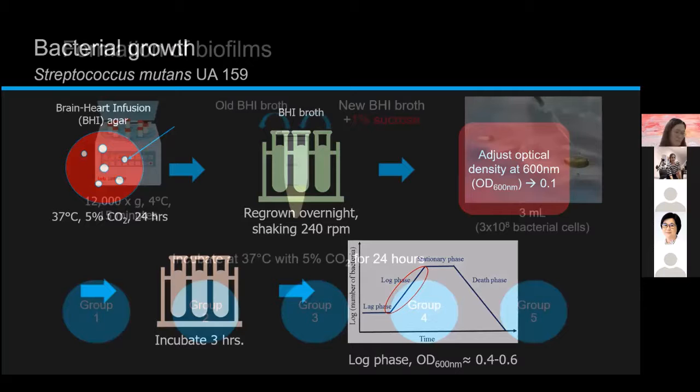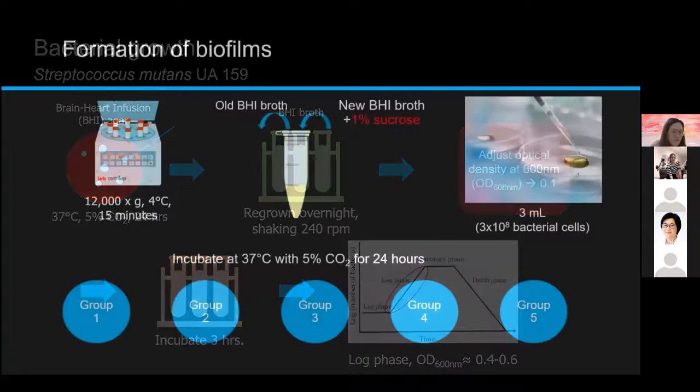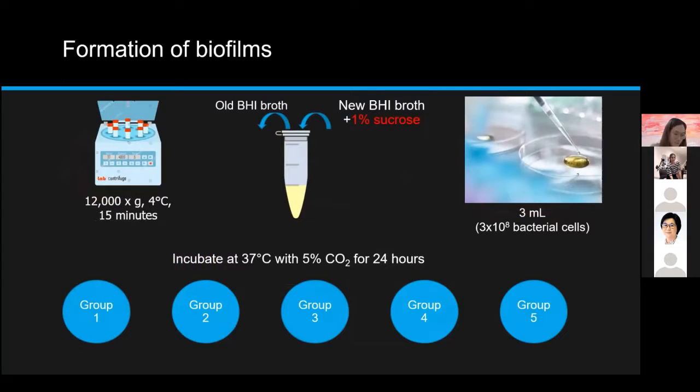For the biofilm formation, the cells were then resuspended in BHI broth with 1% sucrose. The 3 milliliters of suspension, which contains 3 times 10 to the 8 bacterial cells, were added into each culture plate and were incubated at 37 degrees Celsius with 5% CO2 for 24 hours.